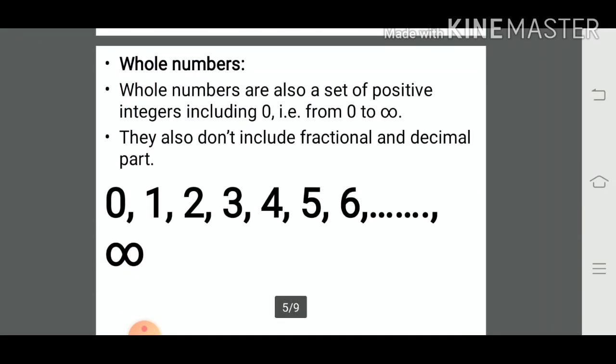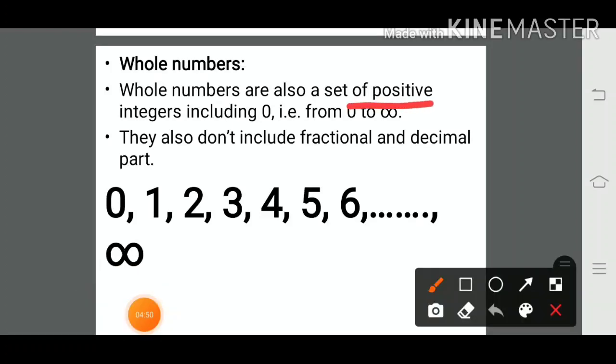Now next we are moving towards whole numbers. What are whole numbers? Whole numbers are also a set of positive integers including 0, because we already studied that natural numbers start from 1, but whole numbers start from 0. These are starting from 0 to the right side, all of them positive integers.